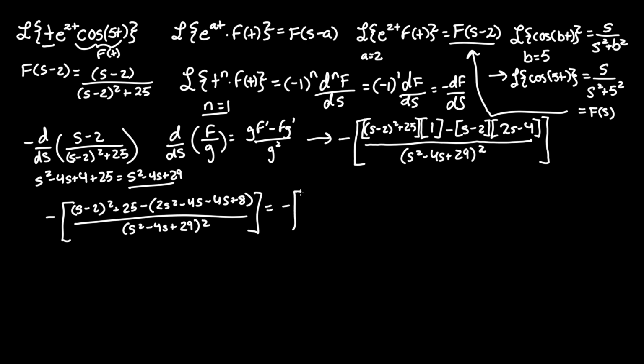So this becomes s squared minus 4s plus 29. That was this part up here. And let's apply the negative to all these terms, while simultaneously simplifying. So minus 2s squared. This would be minus 8s, but put a negative in front, so plus 8s minus 8.